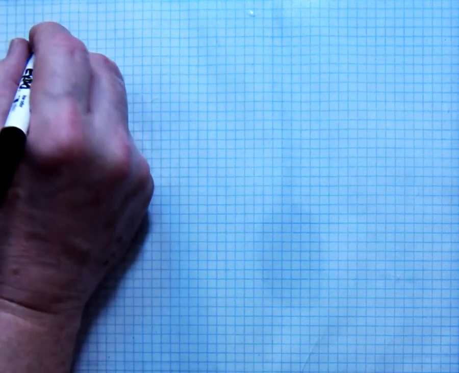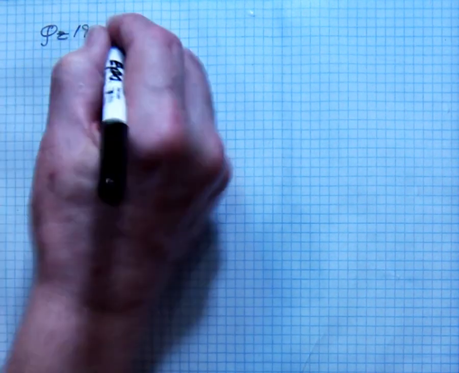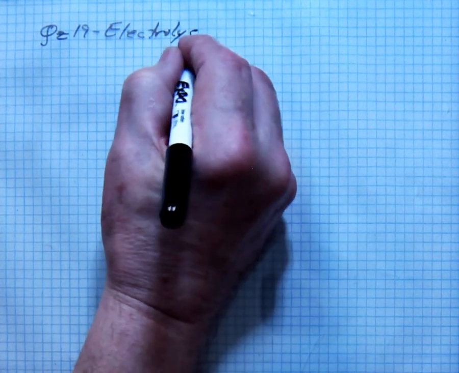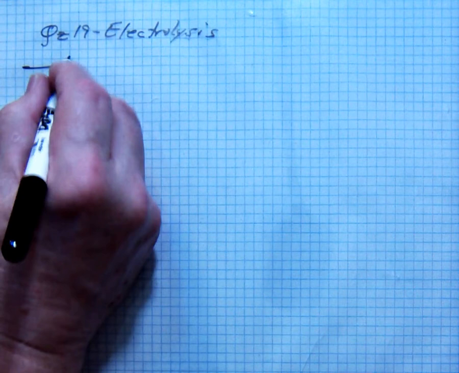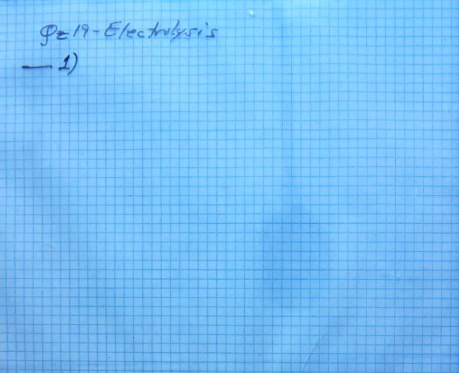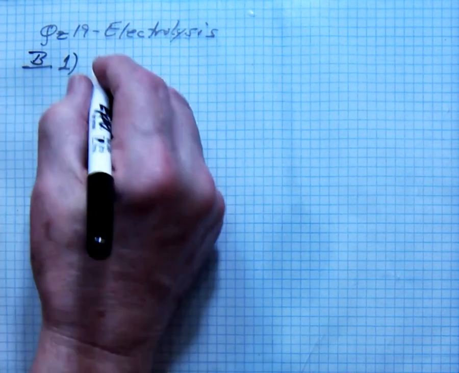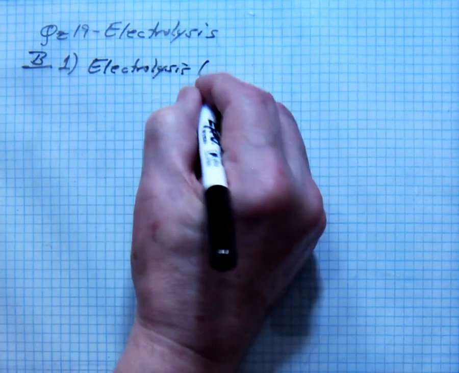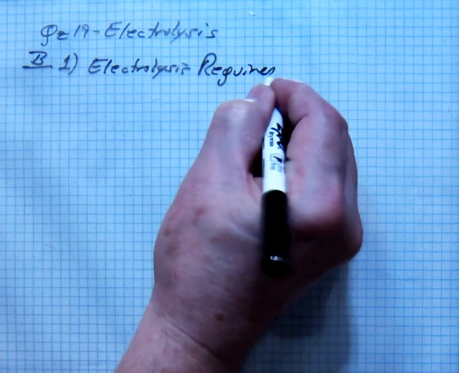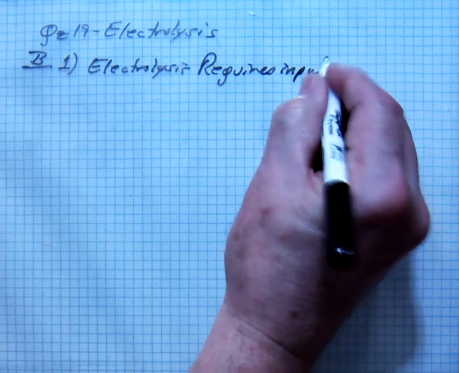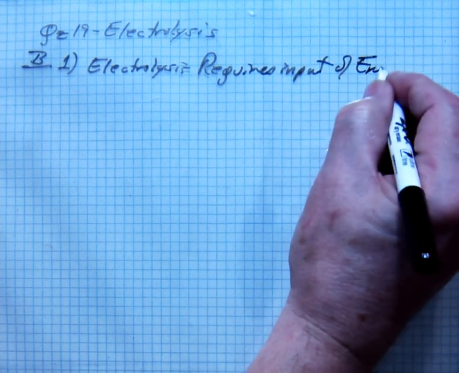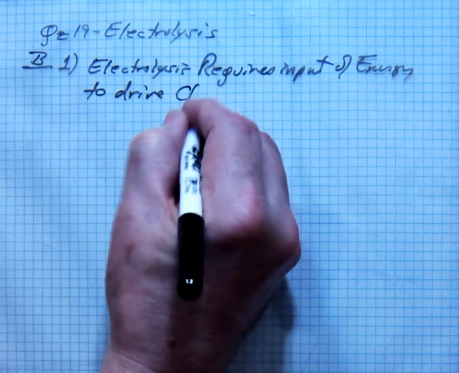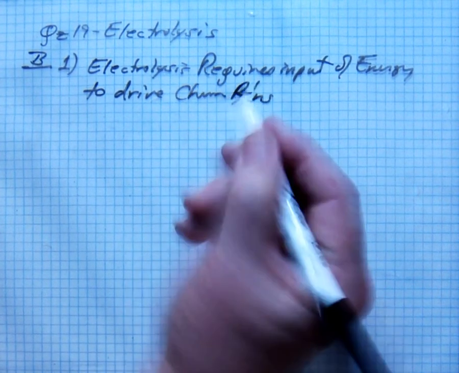This is Qz19 Electrolysis. For number one, the answer choice is B, in that electrolysis requires input of energy to drive chemical reactions.